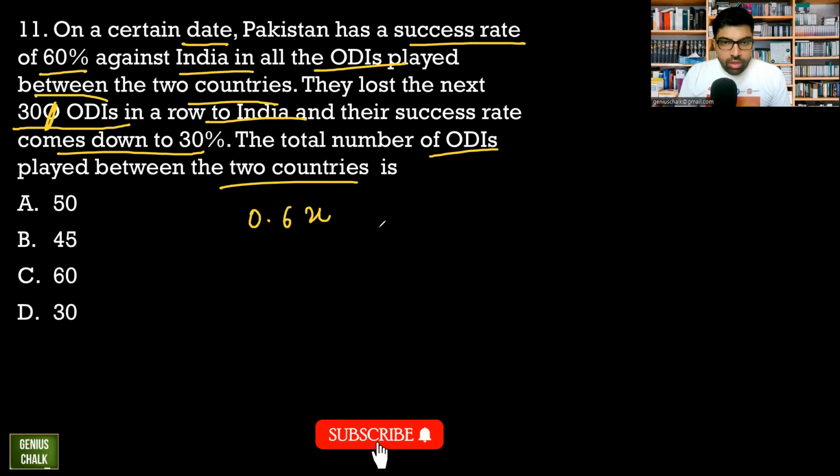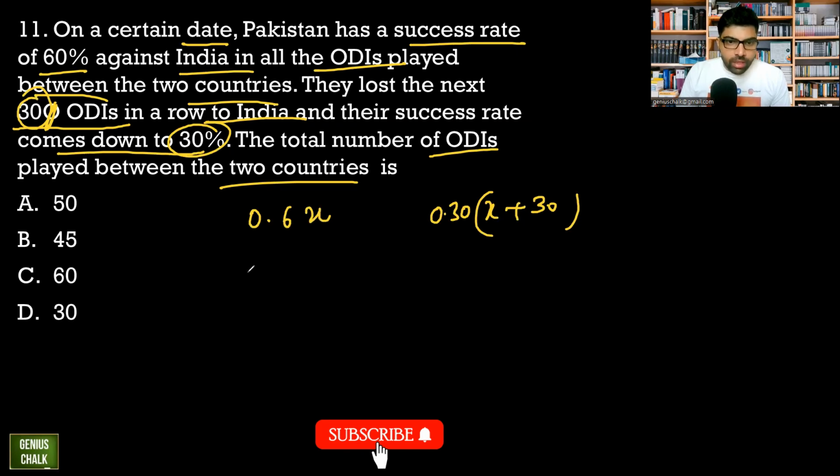Now they are losing the next 30 matches. That means the total number of matches will be X plus 30, because the next 30 ODIs are also played. And now Pakistan has the success rate of 0.3, that is 30%, of this.